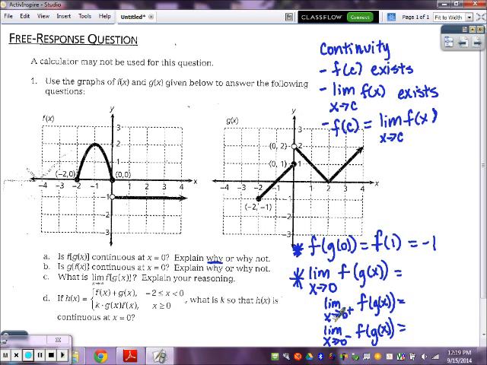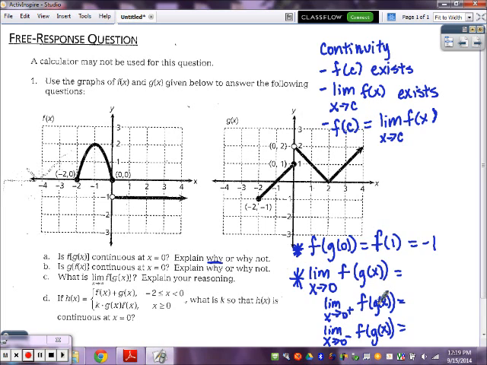So, as x approaches 0 from the right, g of x, and here is g of x, from the right it's approaching 2. In that case, it would be the limit as x approaches 0 from the right of f of g of x, and we would modify it so that it's x approaches 2.